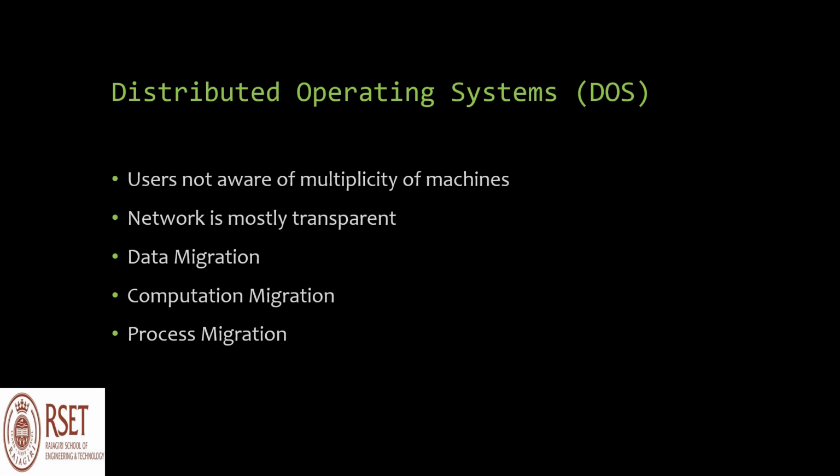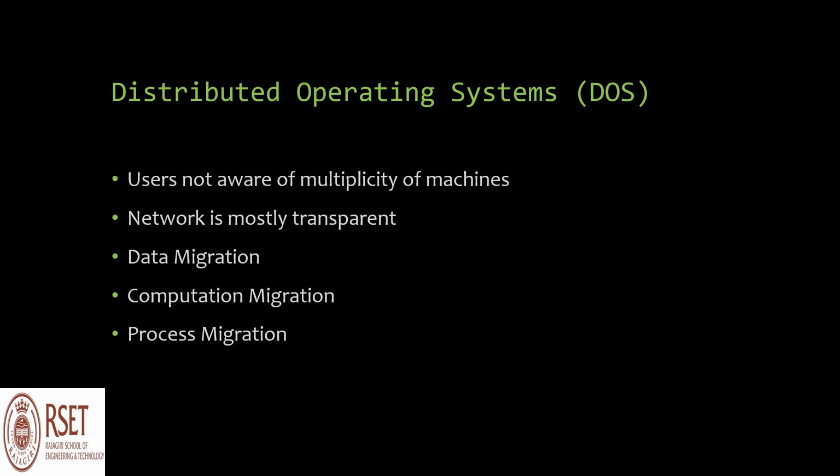Moving on to distributed operating systems. Here users are unaware of the multiplicity of machines, and access to remote resources is similar to access to local ones. The network is almost transparent. It's like a powerful virtual machine, and this contributes to three types of migration, namely data migration, computation migration, and process migration.